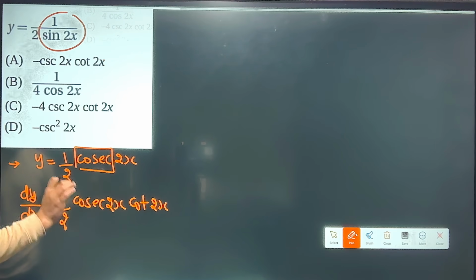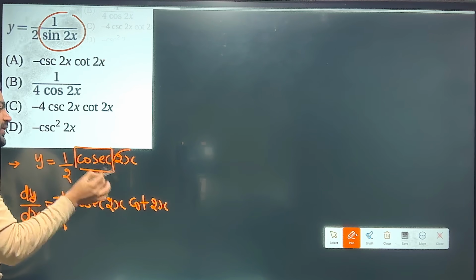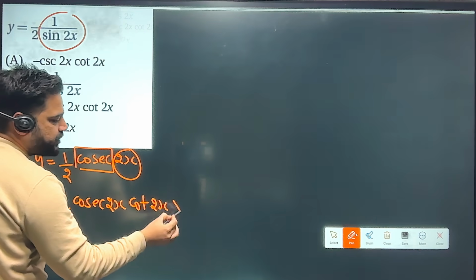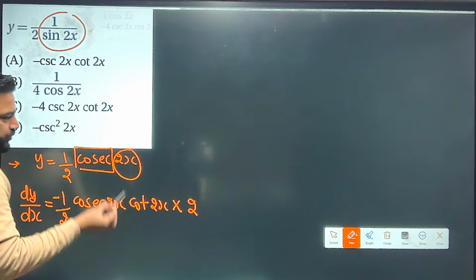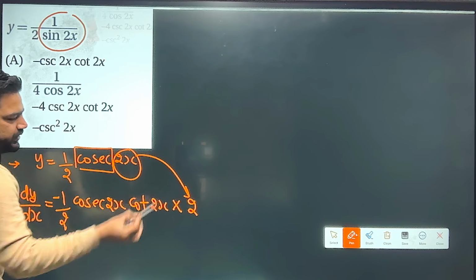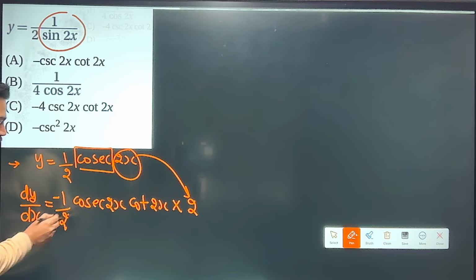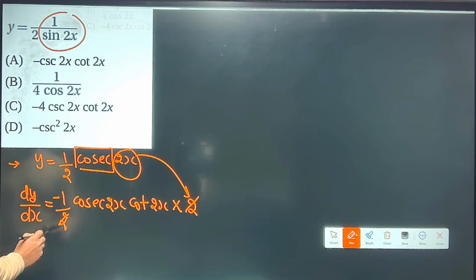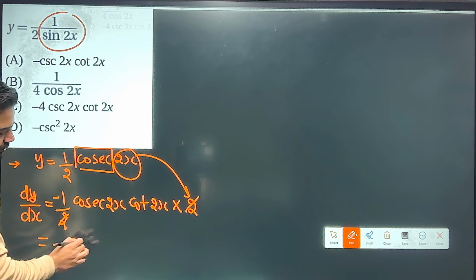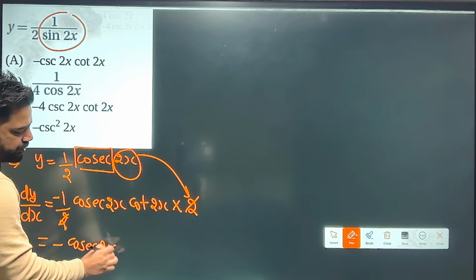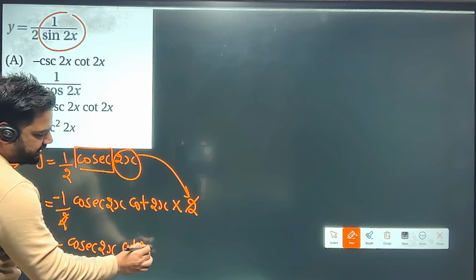Also we have to do the differentiation of 2x, which will again be 2. So we have to write the differentiation of 2x also, and at the same time the differentiation of cosec x also. 2 and 2 will cancel out, and this is our answer, minus cosec 2x cot 2x. So this is the final answer.